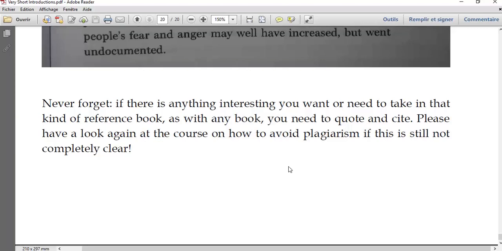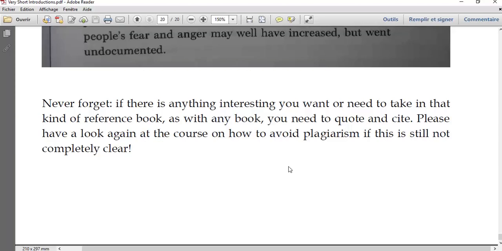Please have a look again at the course on how to avoid plagiarism if this is still not completely clear. And you must be reminded that the course and the tutorials about how to avoid plagiarism were given during the first semester, and the tutorial is still available in the YouTube channel, so you won't have trouble finding it.